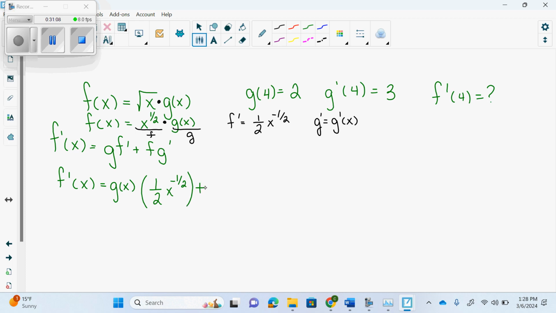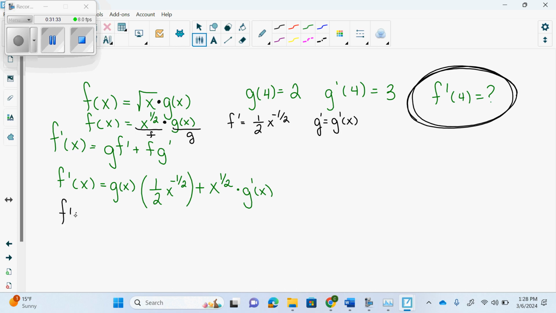Plus what's F? x to the 1/2. And what's G prime? G prime of x. Now this might look super confusing if they didn't ask us for this. They didn't ask us for F prime of x, they asked us for F prime of what? 4. So let's find that out.